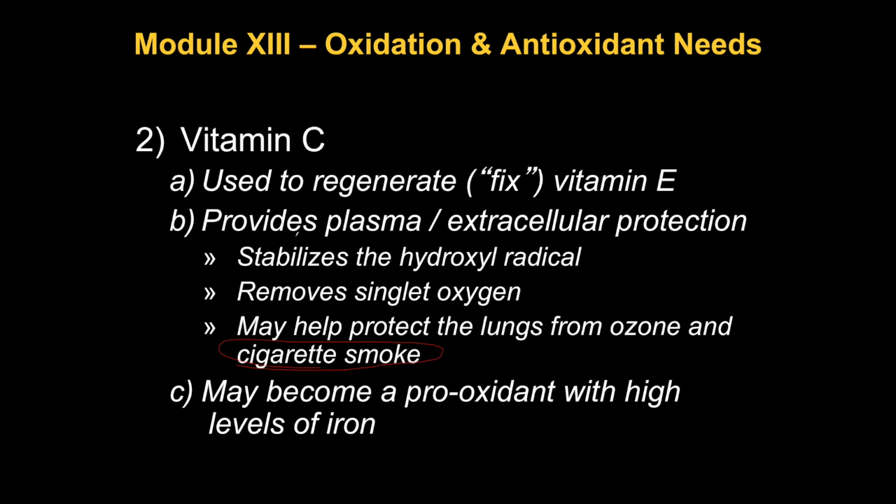So there's quite a bit of work with vitamin C as far as an antioxidant in protecting the lungs. If you consume high levels of vitamin C, it actually can turn into a pro-oxidant with very high levels of iron. So we do have to be careful with that situation as well.